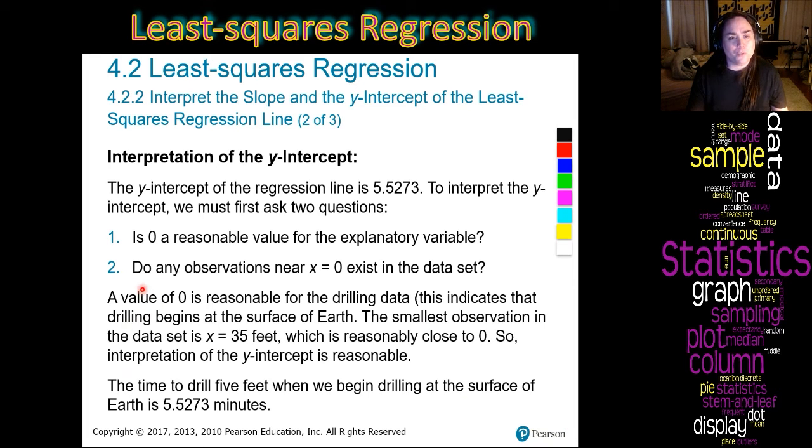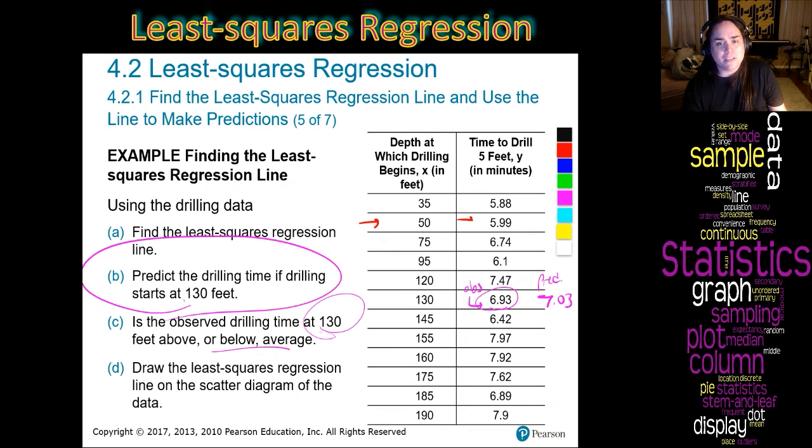Okay, so the question is, is 0 a reasonable value for the explanatory variable, for the x value? If x is 0, we said we predicted a y-intercept of 5.5273. And yeah, that's kind of reasonable, right? Because if we go back to the table, 35 is pretty close to 0 compared to 190.